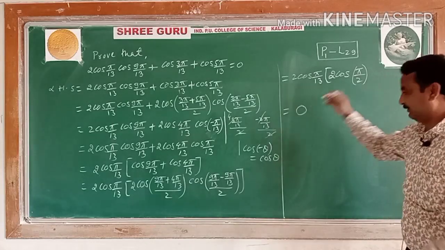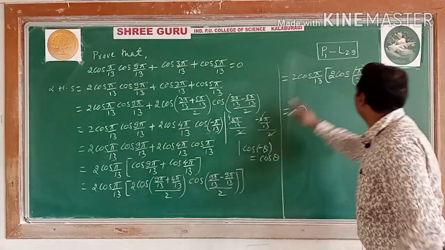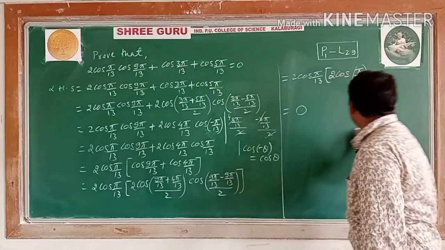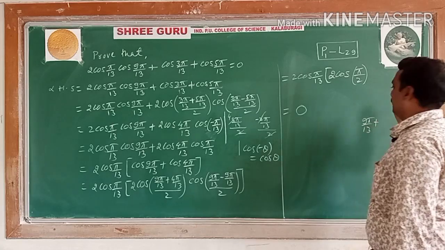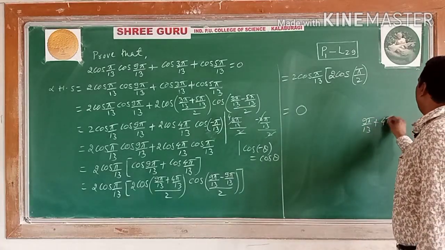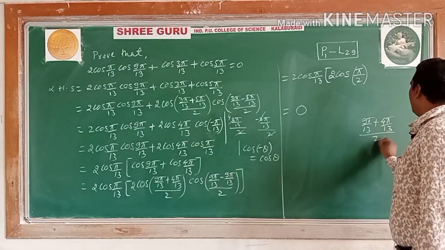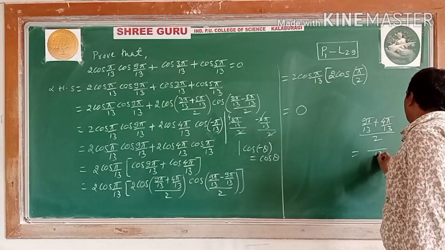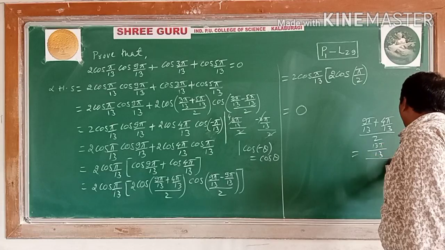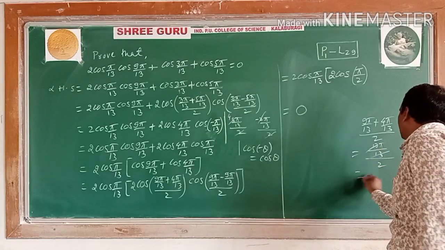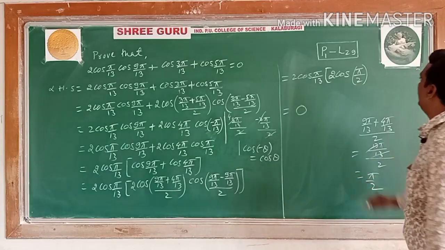Clear all of you? See how it is. I will simplify this one. Is it clear all of you? See, 9 pi by 13 plus 4 pi by 13 divided by 2, 13 LCM, 9 pi plus 4 pi, 13 pi divided by 2. This 13 gets cancelled. Pi by 2 remains.